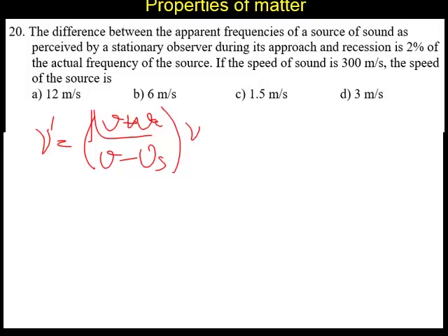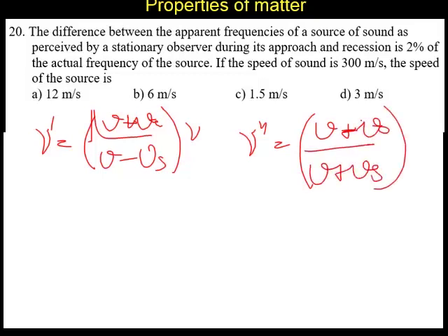When they are receding away from each other, then ν'' = (V − V₀)/(V + Vs) times ν.